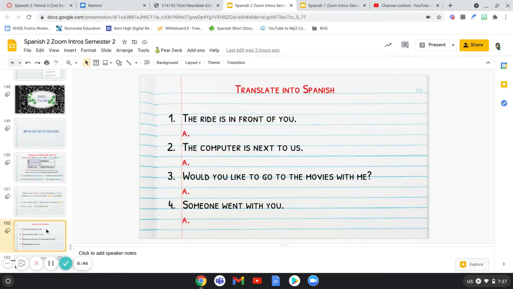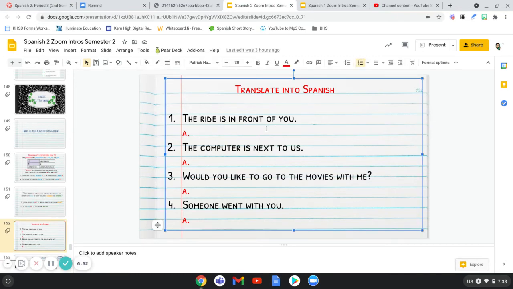And these are going to be some of the examples that we had in class that I'm going to show you guys how you would do. So into Spanish, right? The ride is in front of you. My item here, the ride, that's an old vocab when it comes to the amusement park. So la rueda, the ride. We are looking at prepositional phrases, right? So if you guys remember, the word for is can have two different words, ser or estar.